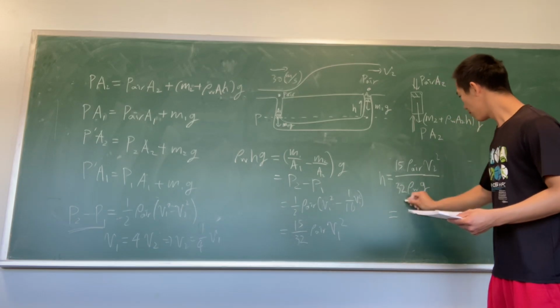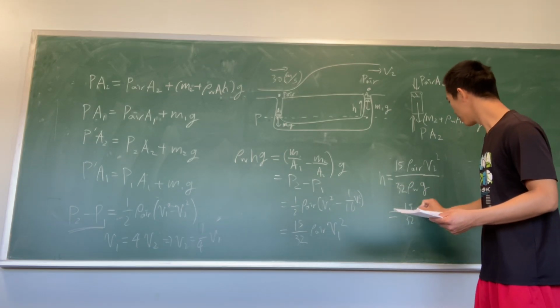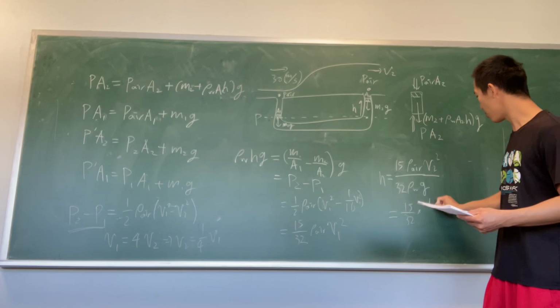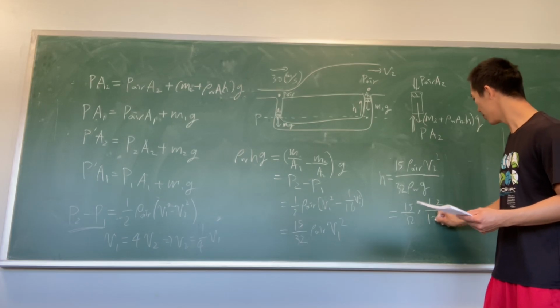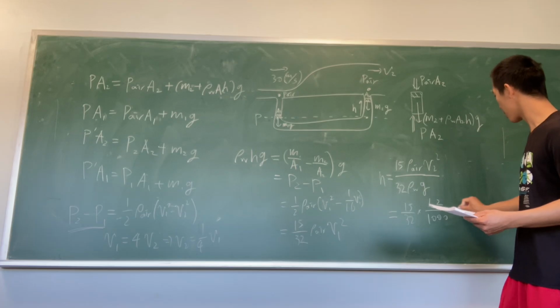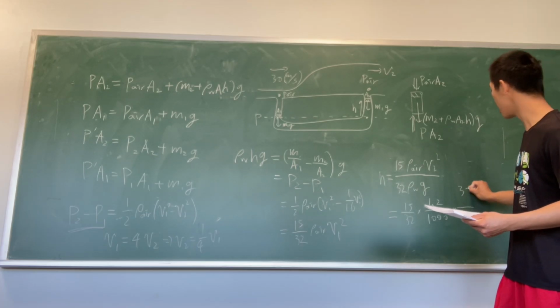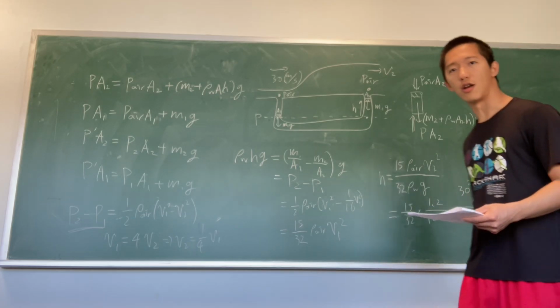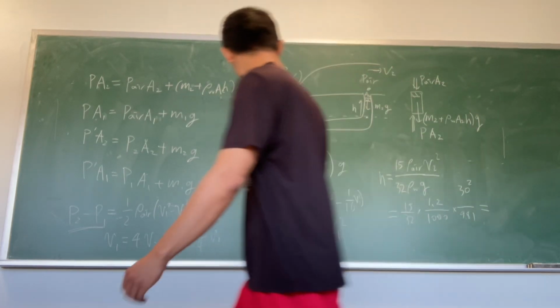So 15 over 32, density of air is 1.2 kilogram per meter cubed, density of water is 1000, G is 9.81 meter per second squared, speed is 30 meter per second, and now I have to go grab my calculator.